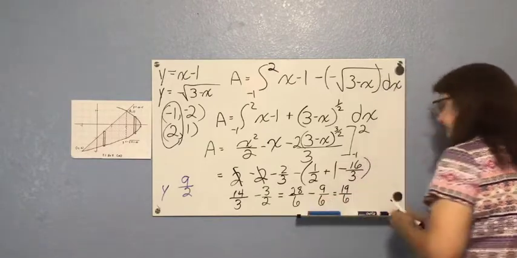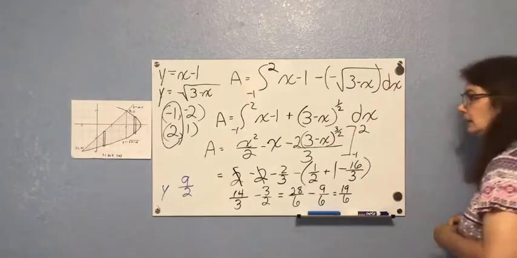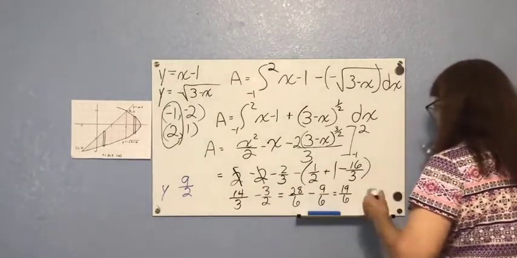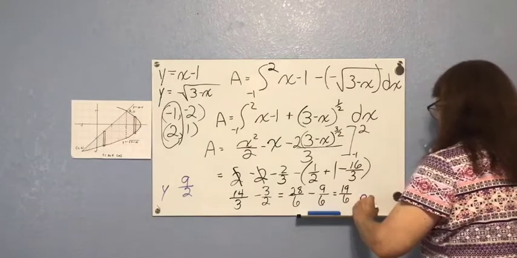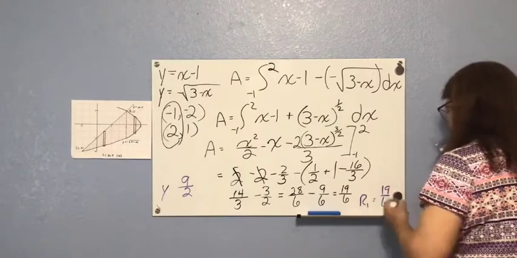So I'm going to make myself a little note that for the first part of the area, that first region, region 1, 19 over 6.